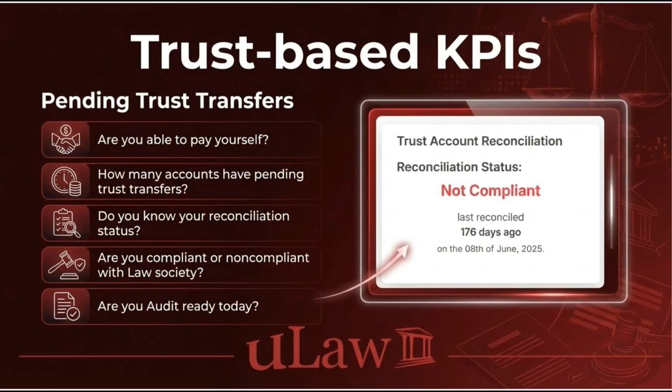But someone who has done it till April and is just in the process of doing their May is considered compliant. So anything beyond that 1 month that you've not reconciled means not compliant. Your non-compliant status is readily available under the FinTech dashboard in uLaw, which is going to blink saying non-compliant, or highlight to you that you are not compliant, something like this that you see on the screen.